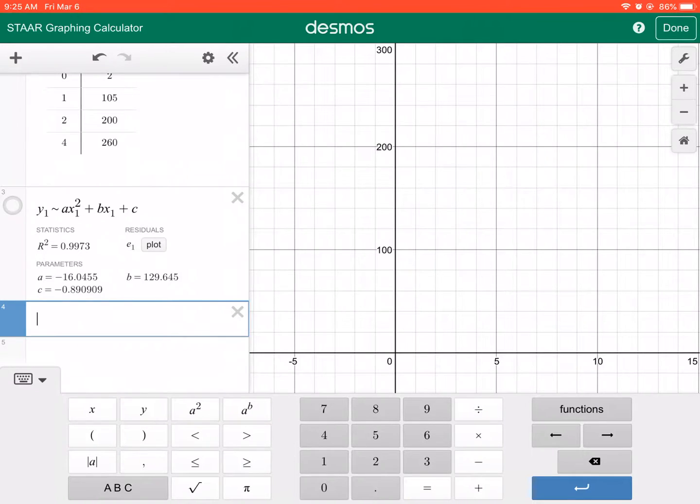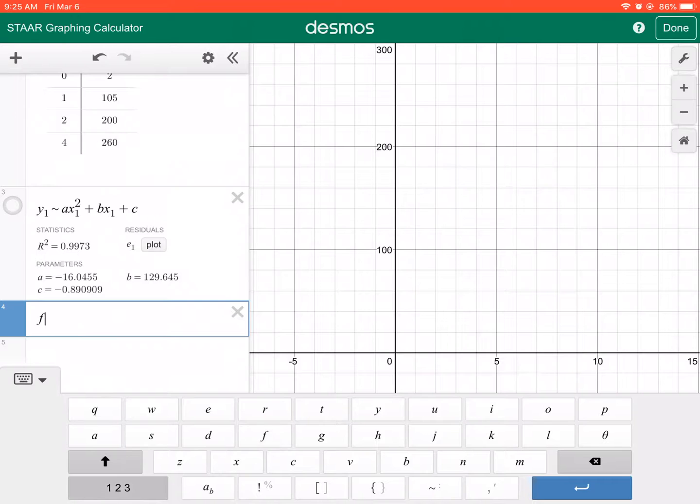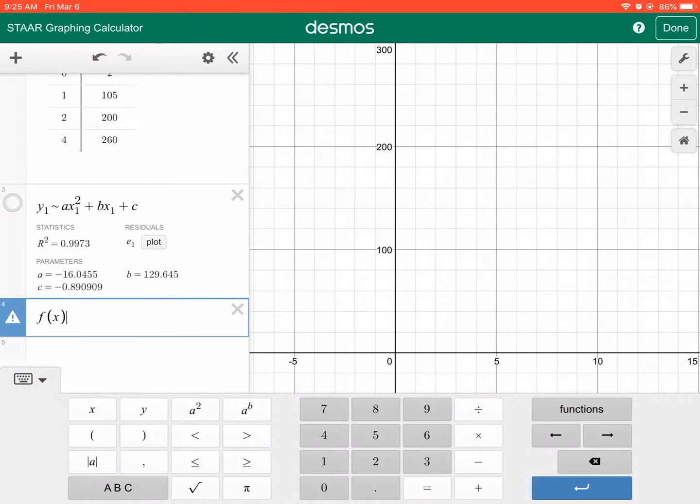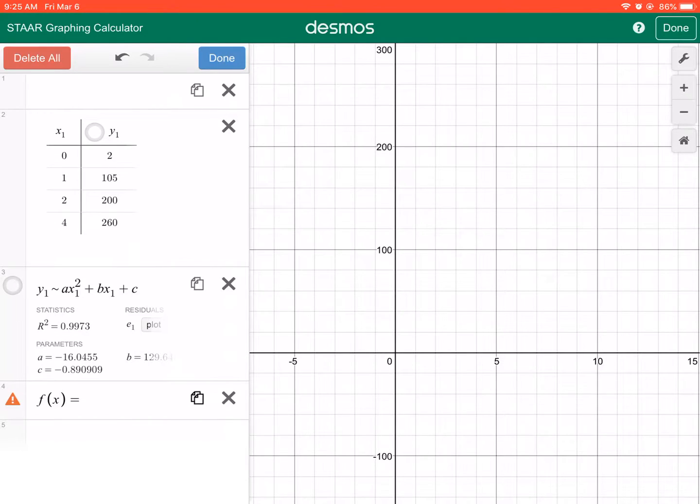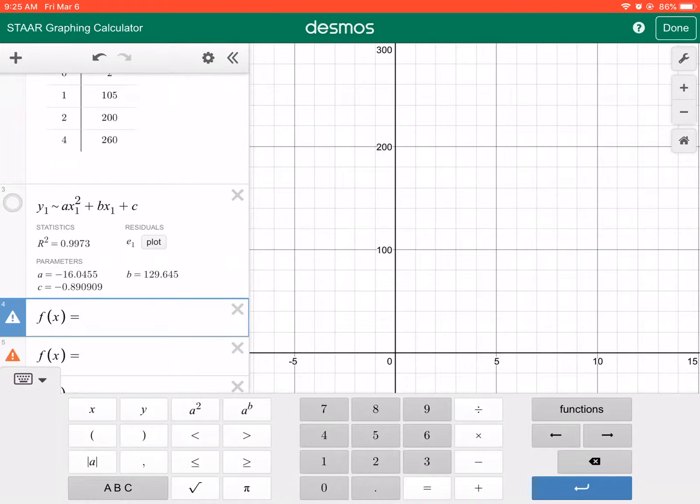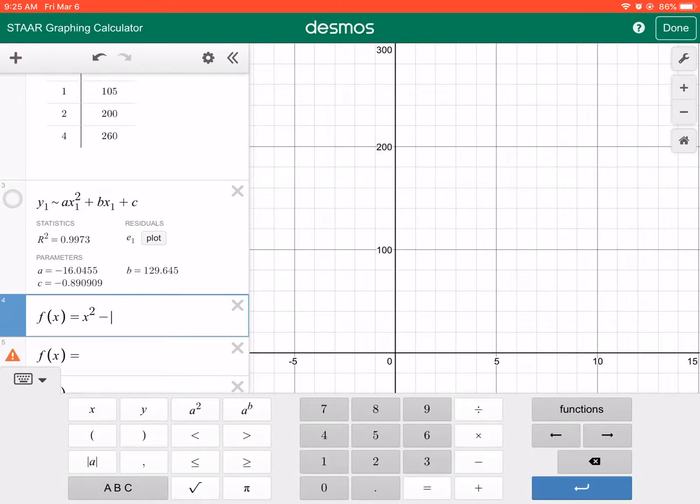So we have f of x equals, and I'm going to go ahead and copy f of x so I don't have to keep going back to that screen every time. F of x, and we have x squared minus 3x plus 4.